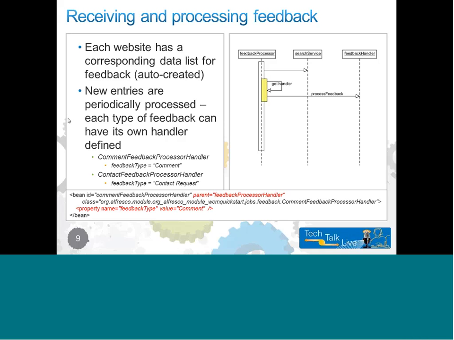So if you wanted to hook in to create a new type of feedback, or if you wanted to just change the way that one of the out-of-the-box types of feedback were handled, then you just write your own processor handler, and down at the bottom of this slide you can see how you would register your new Java class with the system and get it to associate the feedback type with your Java class. So in this particular example, you can see that I'm showing you the comment feedback processor handler, and the important bits are highlighted in red there.